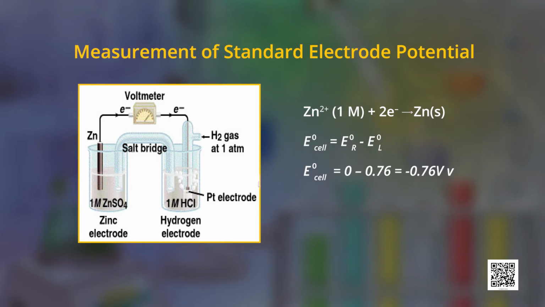In this case, zinc electrode acts as the anode and the hydrogen electrode acts as the cathode. Thus, the measured standard EMF of the cell is minus 0.76 volt, which corresponds to the standard electrode potential of the half cell when zinc gains 2 electrons to form zinc.